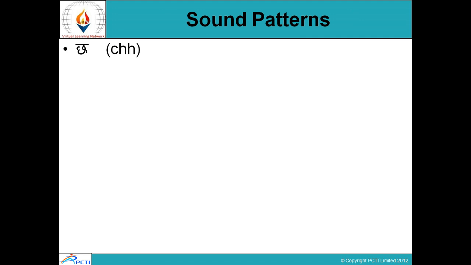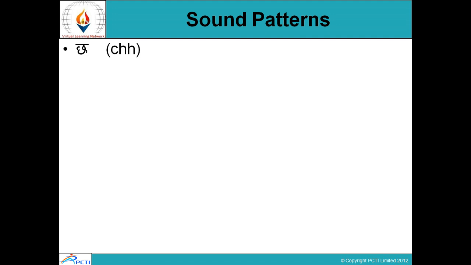In the first session we have done vowels, sounds regarding the vowels and how they are symbolized and what symbol represents each vowel. After that we started with consonants, that is Vyanjan, and we have studied various sound patterns according to those vowels and consonants.